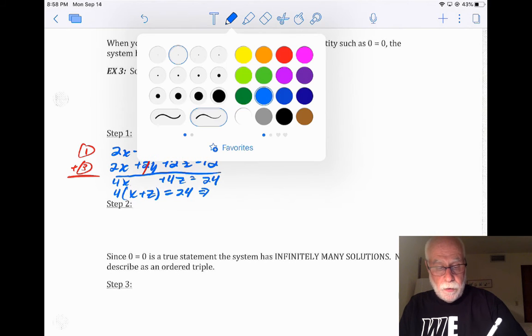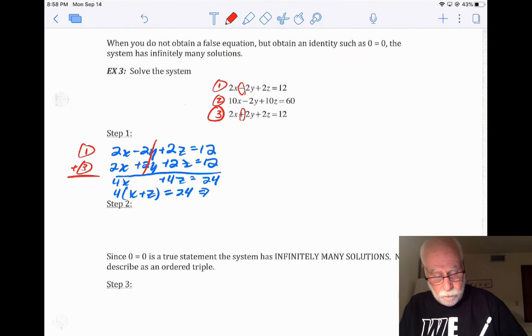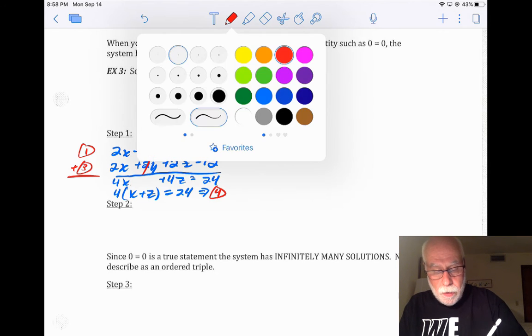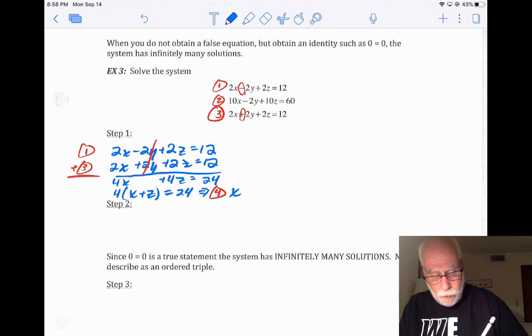So our fourth equation becomes x plus z. All right, so that's our equation 4.